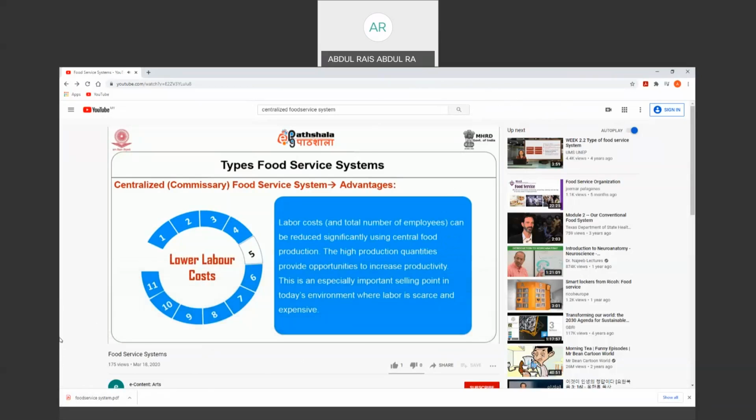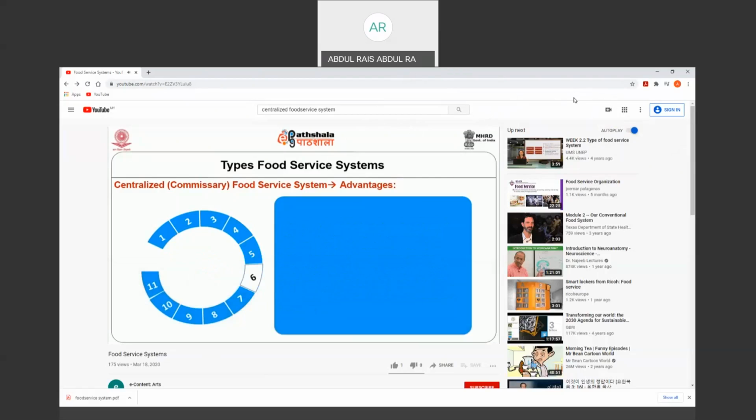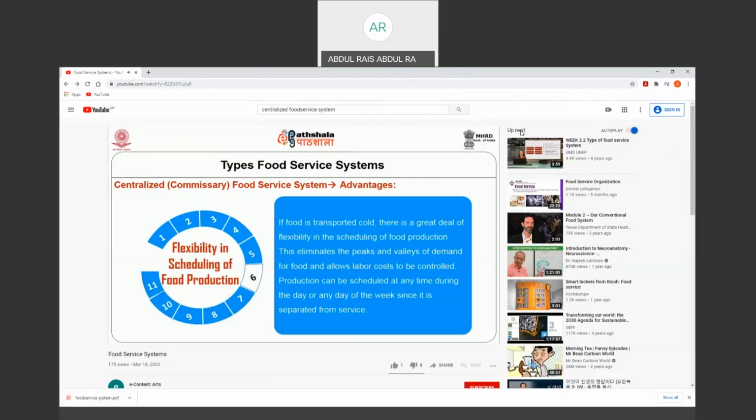The high production quantities provide opportunities to increase productivity. This is an especially important selling point in today's environment where labor is scarce and expensive. Our next advantage is flexibility in scheduling food production.